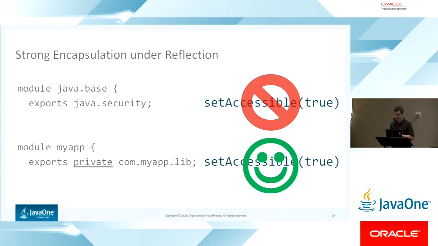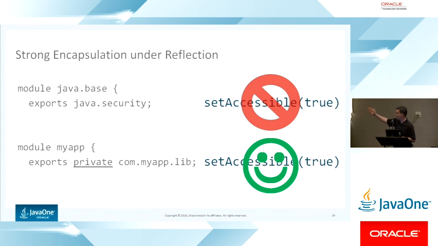The module system API does not allow one module to augment the exports of another module reflectively. A module can only augment its own exports via the API. So setAccessible's behavior now depends on the module author's choice of how a package is exported.